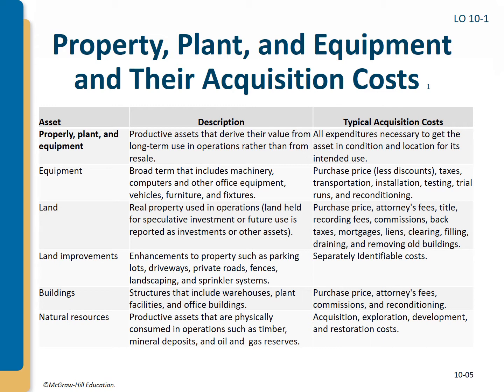Land is real property used in the operations, and it's separate from assets on it because land is not depreciated. The typical type of items included in the cost of land is the purchase price. Any attorney's fees related to purchasing the land that you may have to pay. What would you pay an attorney for?